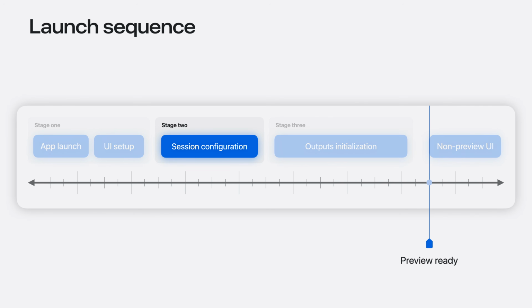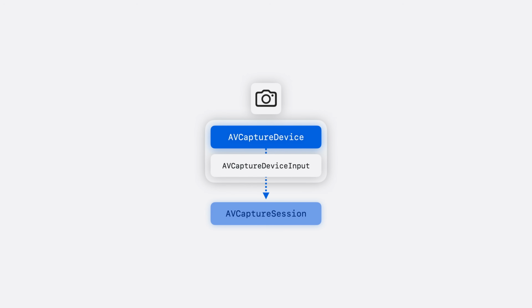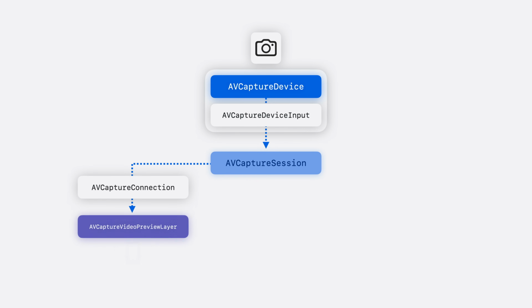Configuring and starting AV Capture Session takes a lot of system resources and allocations that directly impact app launch. A typical AV Capture session consists of an AV Capture device input, usually the camera or microphone. AV Capture connection wires the capture device to the outputs.